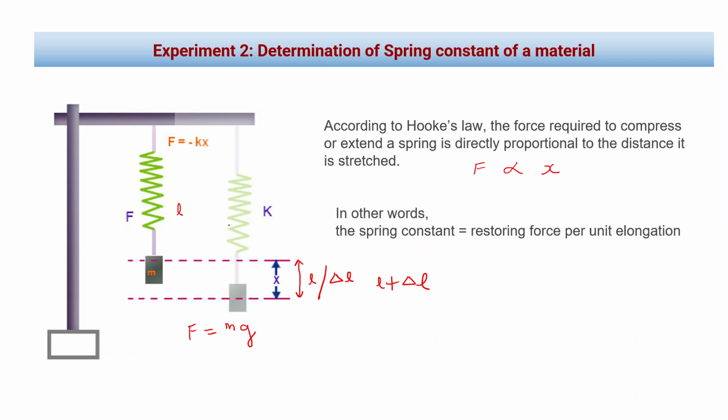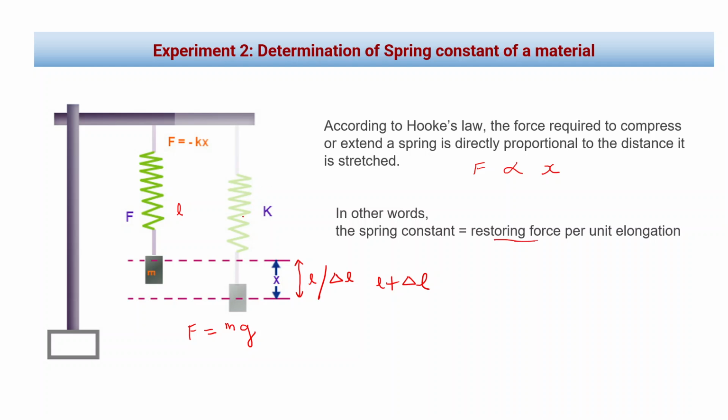Actually, when we apply force on any kind of material, we know there is a restoring force, right? The system wants to bring itself to the equilibrium position. So there is a force generated inside this material which we call the restoring force.